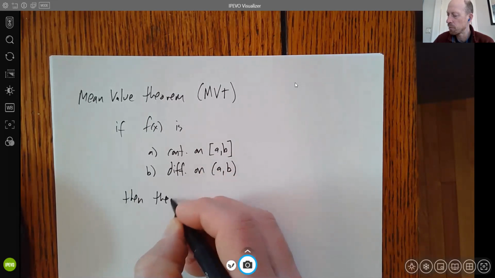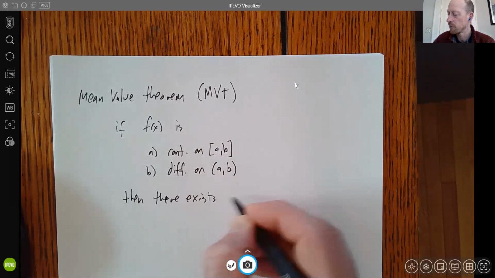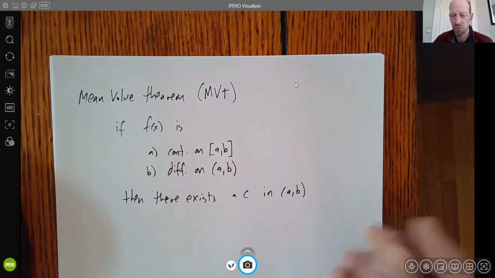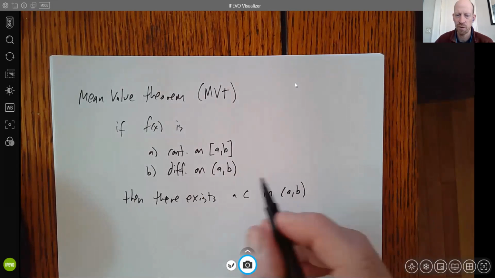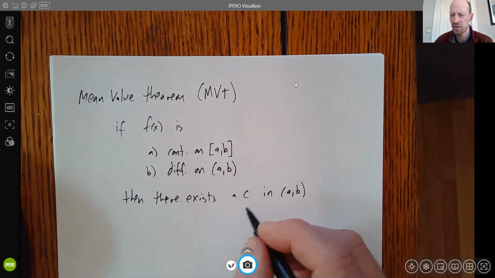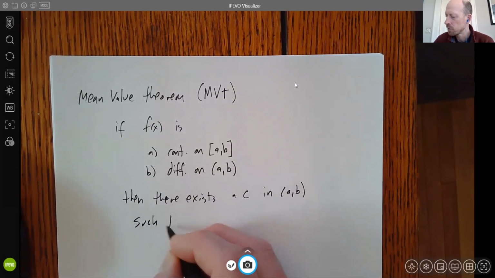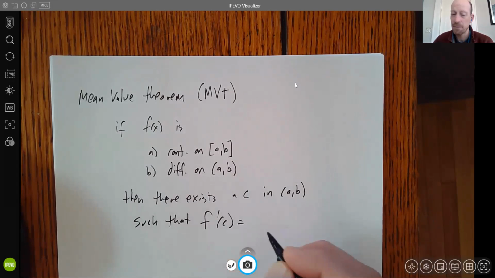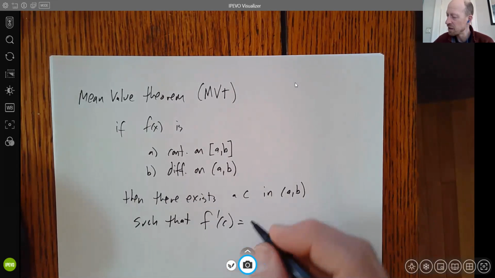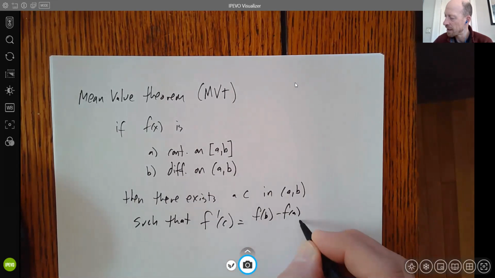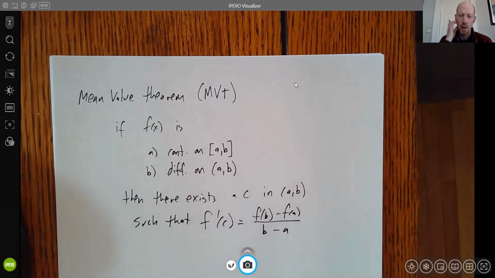Then there exists a c in the interval a to b. So same idea here as Rolle's theorem, but if I don't know the endpoints are equal, then my guarantee is a little different. There exists a c such that f prime of c, it may not equal 0 here, but I can guarantee that it equals f of b minus f of a over b minus a.